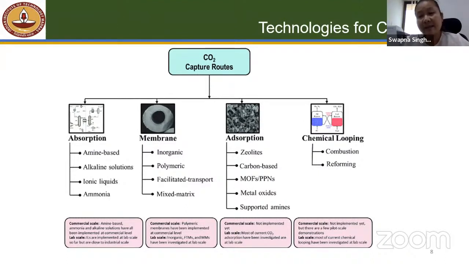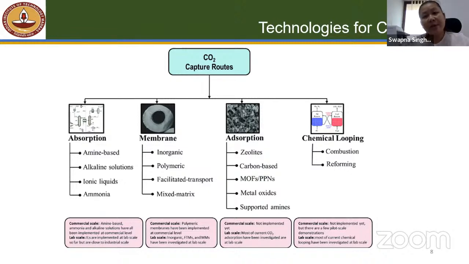Another route is adsorption, where a solid sorbent material is used in the system, where CO2 is adsorbed onto this solid material, and then you can regenerate the sorbent material and get the CO2 out from it. For example, zeolite, carbon-based materials, metal organic frameworks, metal oxides, and also supported amines.